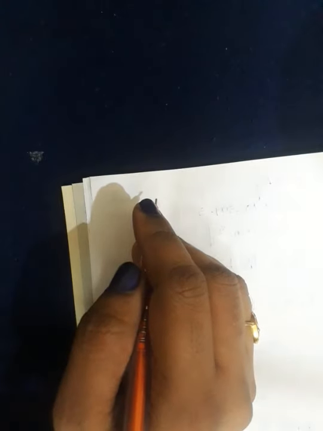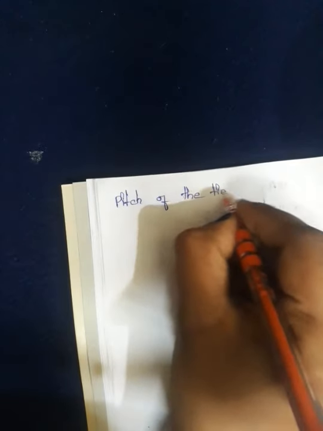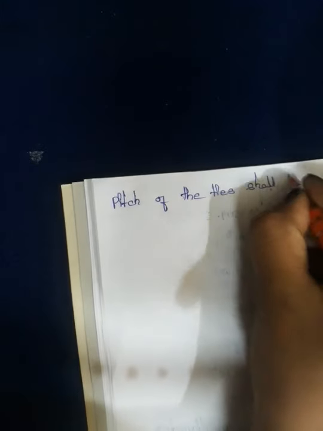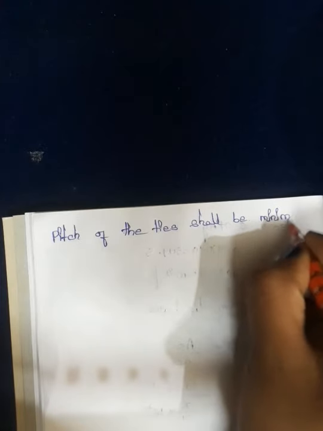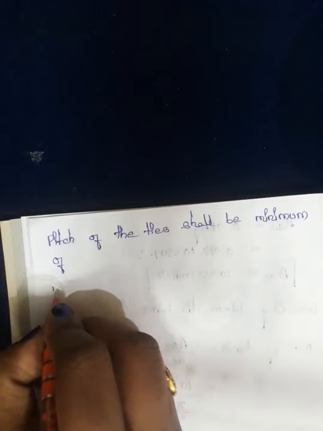So now what do we need to calculate? We need to calculate the pitch of the lateral ties. So what is the center to center distance? The pitch of the ties shall be the minimum of, so we have the conditions again here also.